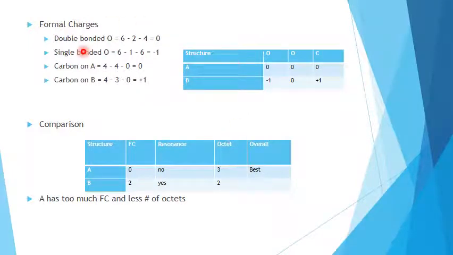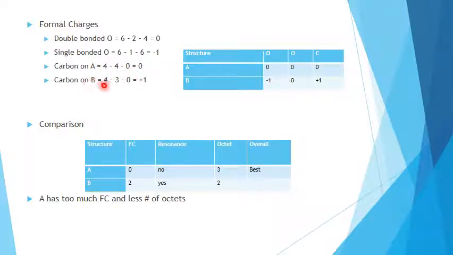All right, next thing is figure out the formal charge and then figure out which one of the two structures is the best. So again, the double bond at oxygen is the same as the previous example, has formal charge 0, the single bond at oxygen with 3 lone pairs, -1. The carbon on the A structure has 2 double bonds, so it's 4 minus 4 bonds, minus 0 equals 0.